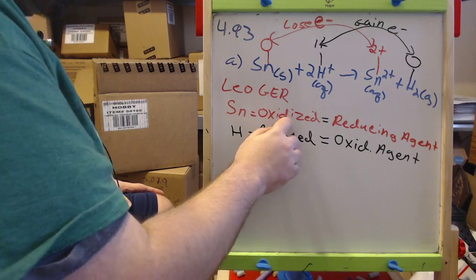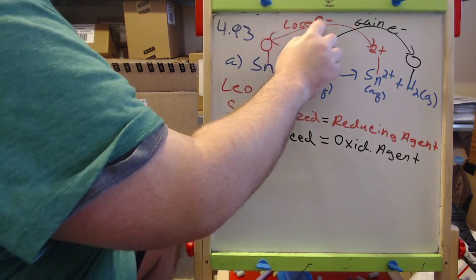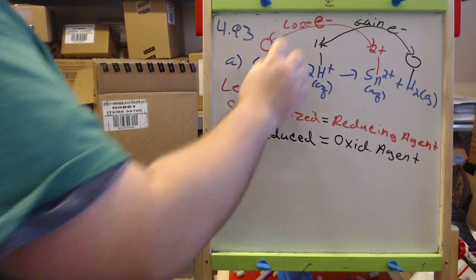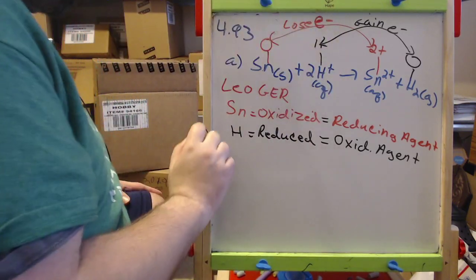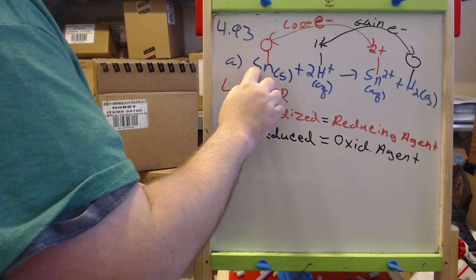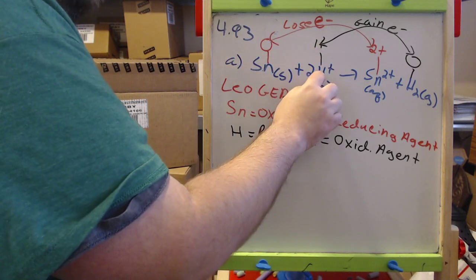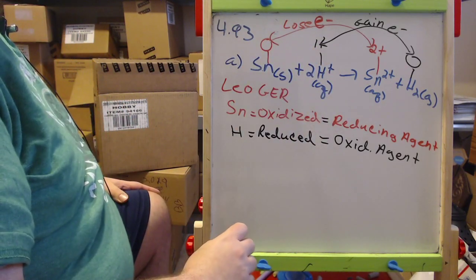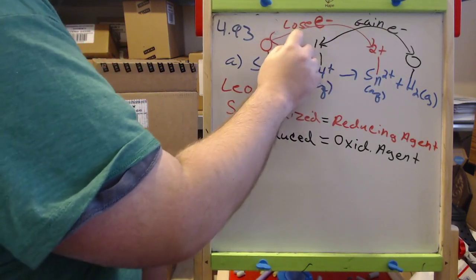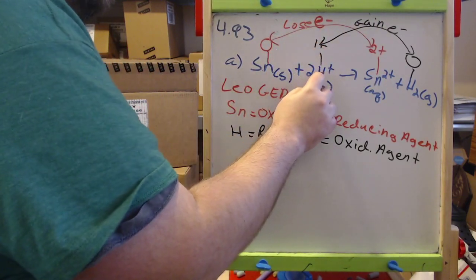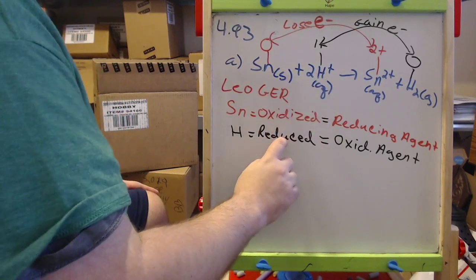Tin is being oxidized, which means tin is losing electrons. In order to be losing electrons, I've got to be giving them to somebody. So tin is giving the hydrogen the electrons, because hydrogen's gaining them. So tin is being oxidized, losing electrons, giving them to hydrogen, which is reducing it.